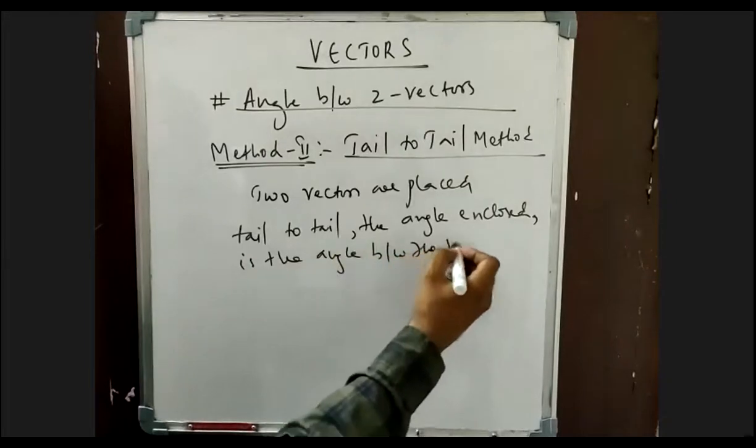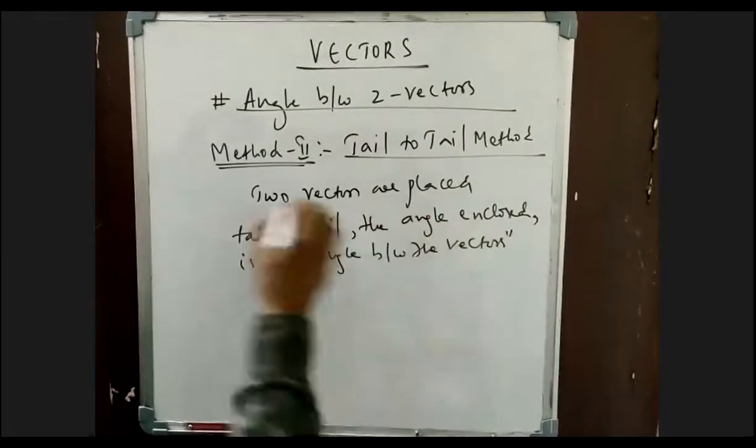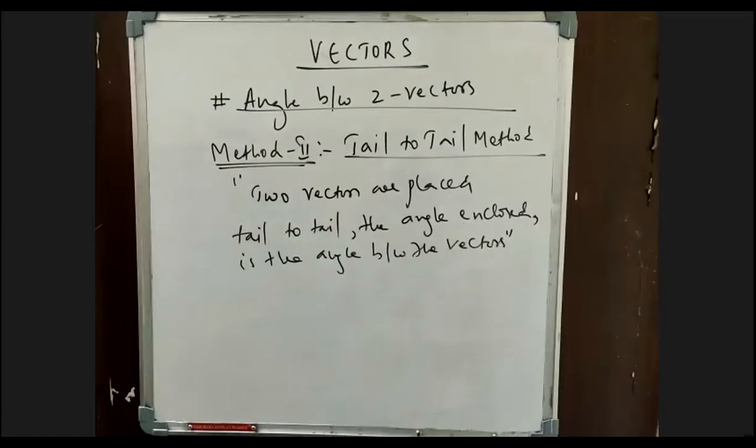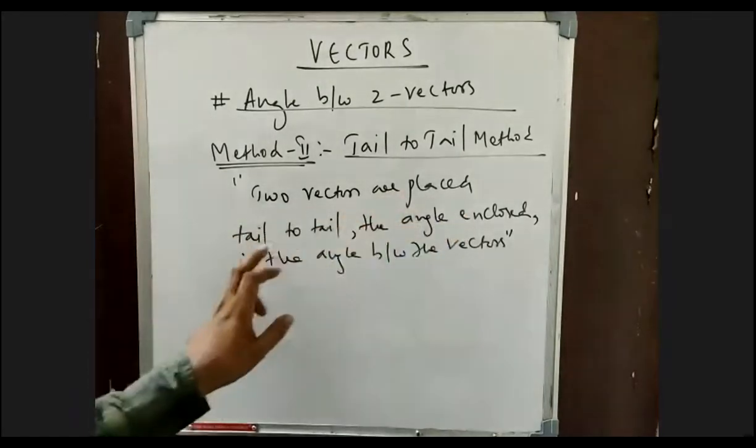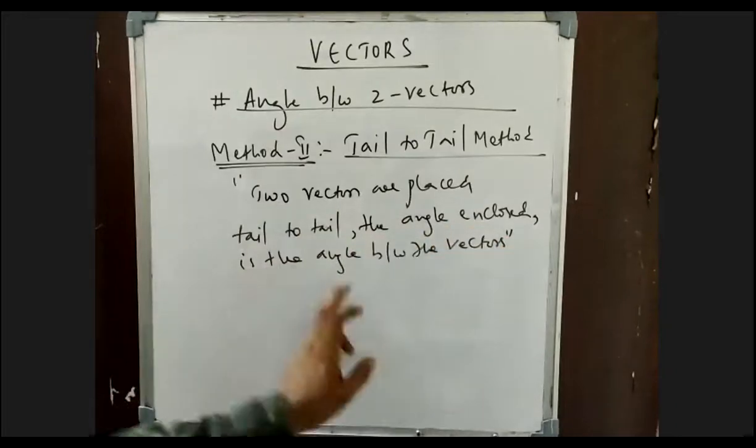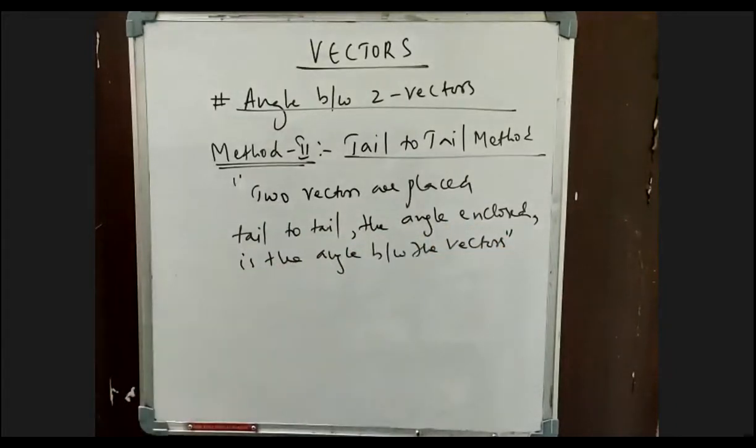So what is the tail to tail method? In this one, two vectors are being placed tail to tail. The angle enclosed is the angle between the vectors. Let us do it in mathematical terms so that we get a clear idea.